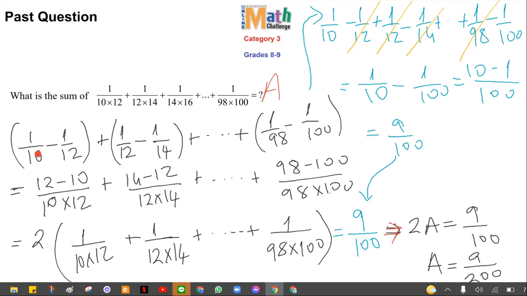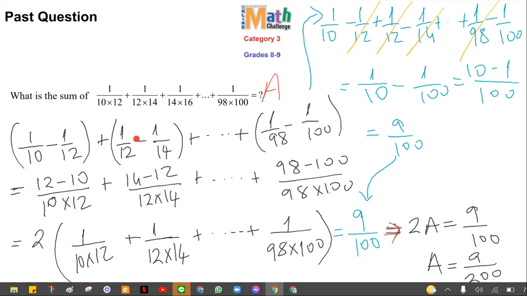Here I use subtraction: 1/10 minus 1/12. If you calculate this, you will get 12 minus 10 over this. If you simplify, this will be 2/(10 times 12). So it's not the same thing, but it looks very similar.